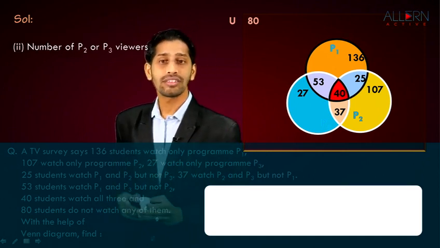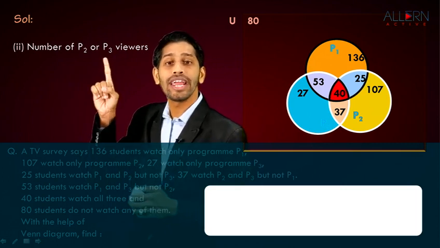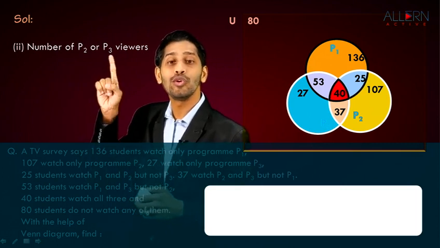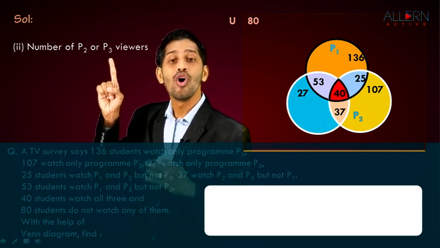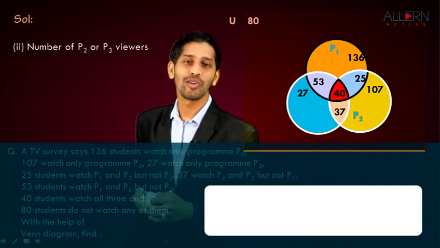Now the next question is the number of P2 or P3 viewers. When we say or, it means union, which is the collection of all numbers belonging to program P2 as well as program P3.